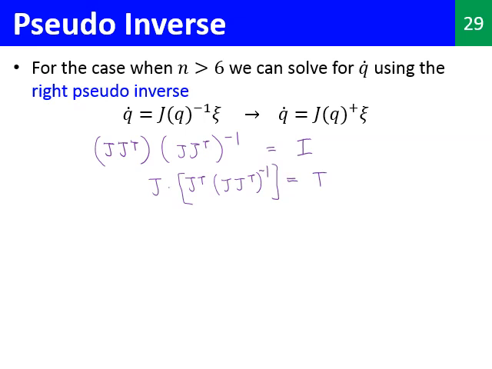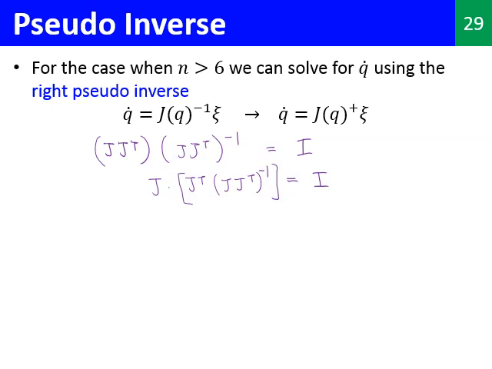That would be equal to identity, but then again a matrix times something is equal to the identity matrix. So what can we say about this term? It should be something similar to the inverse, right?